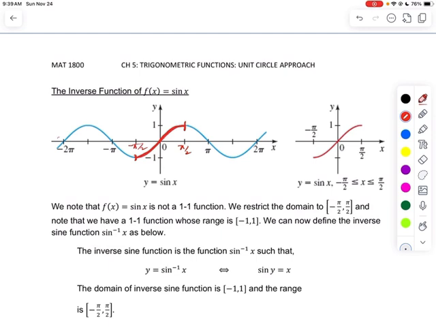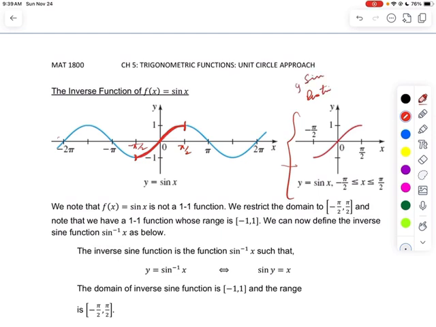So it is not a one-to-one function. What we do in this case is try to restrict the domain. How do we restrict the domain? We want to cut off a piece of the sine function and check whether it is one-to-one and satisfies some conditions.